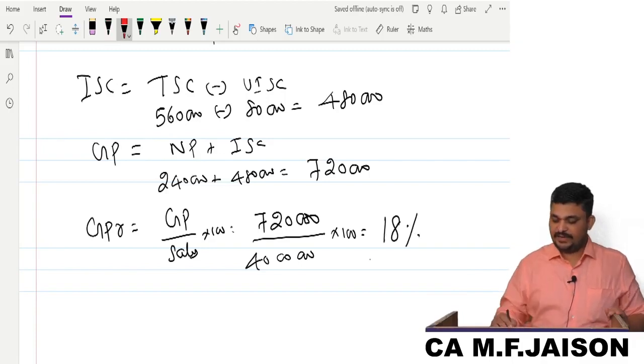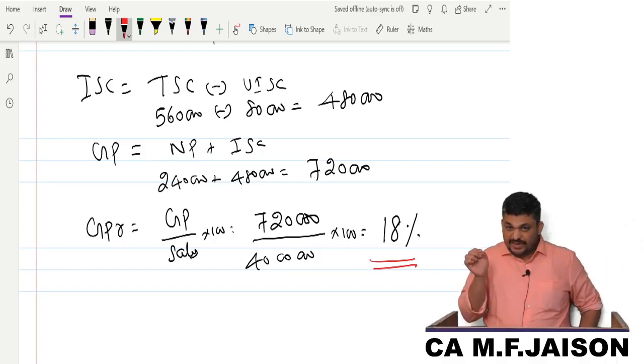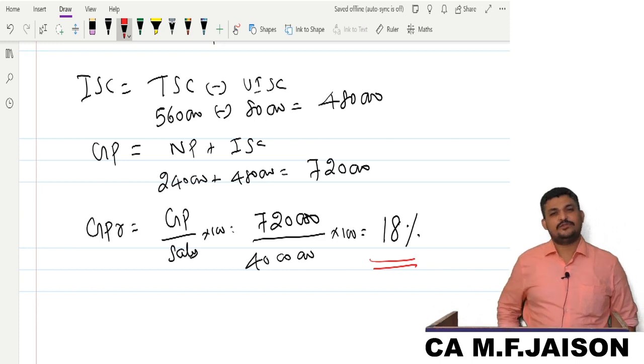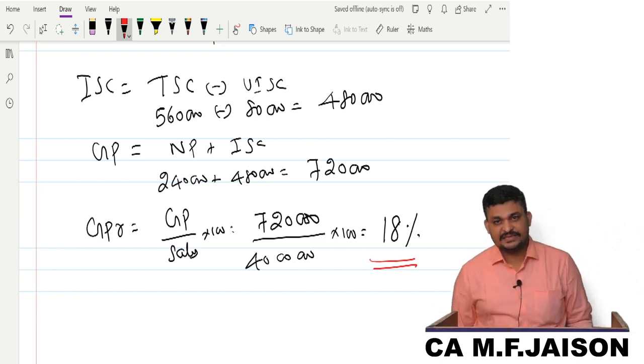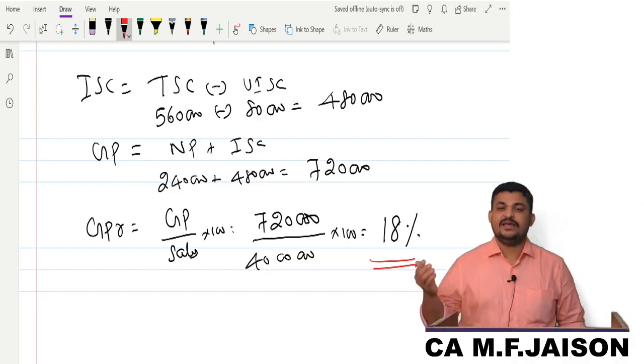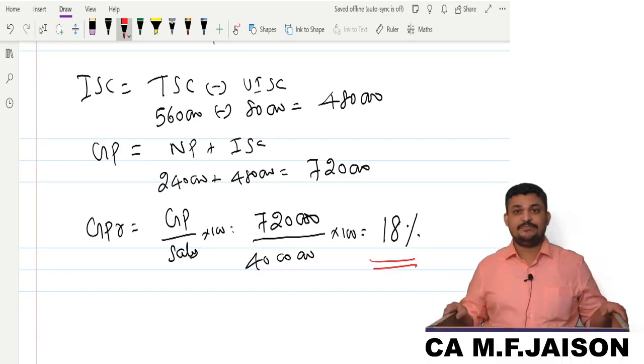This is the GPR. If no other information is given, we know that this is the GPR of which year? Previous year. And we always presume the GPR of the previous year is the GPR of the current year. Understood? Though we are calculating this based on the previous year, it is to be considered for the current year as well, the same 18%.